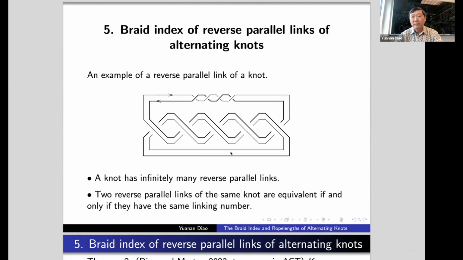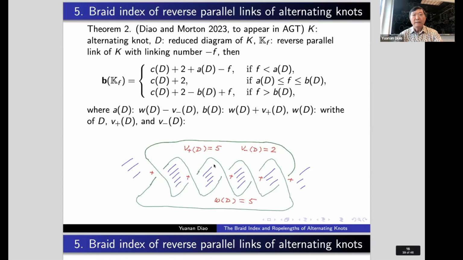In other words, they are all characterized by their linking number. And this is the new result that we got last time. This is joint work with Hugh Morton, and he is the main force behind this result.